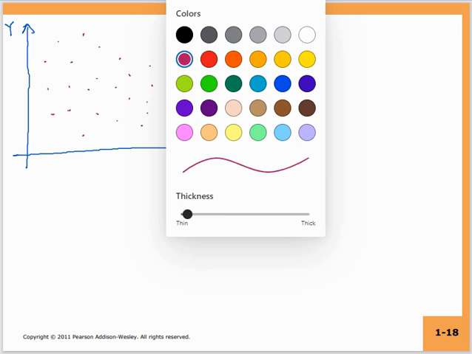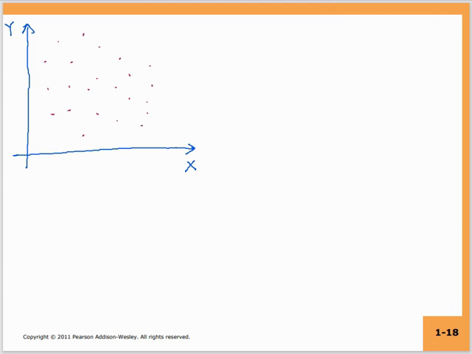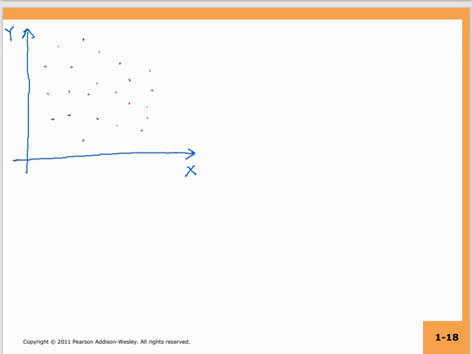Now you build a regression line for these data points, and that regression line may pass through the cloud of points like this. So this may be a regression line that gives you basically the relationship between y and x.